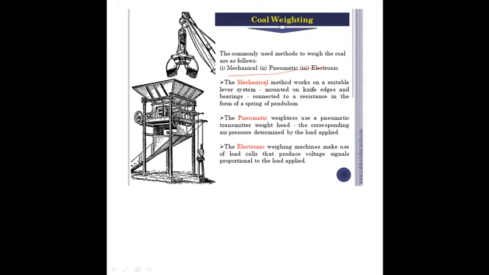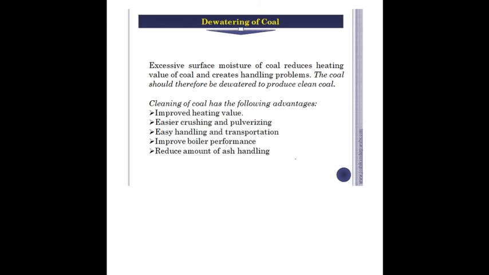The mechanical method works on a suitable lever system that is mounted on knife edges and bearings and connected to a resistance in the form of a spring or pendulum. Pneumatic weighers use a pneumatic transmitter weight head, and the corresponding air pressure determines the load applied. Electronic weighing machines make use of load cells that produce a voltage signal proportional to the load applied.